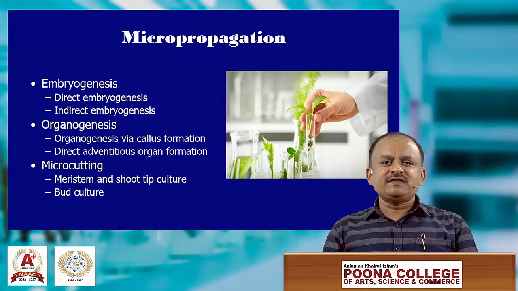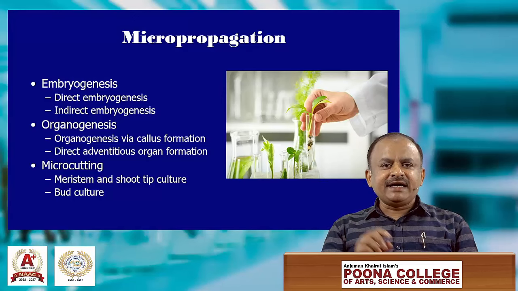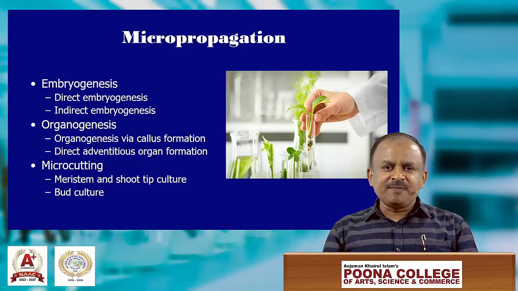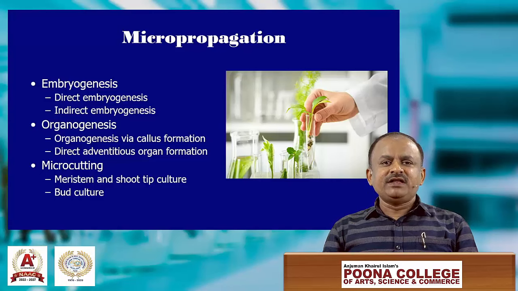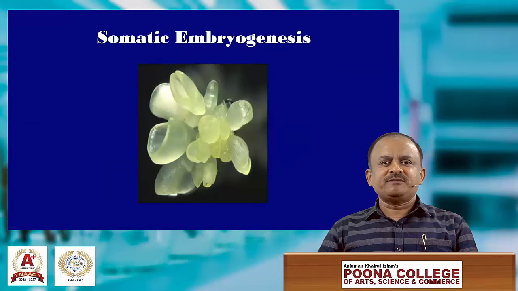As far as organogenesis is concerned, there is organogenesis via callus formation, and direct adventitious organ formation, which we can get with the help of microcuttings. What different materials do we have to consider for microcuttings? Remember well, meristem and shoot tip culture. In addition to that, bud culture is also very important.